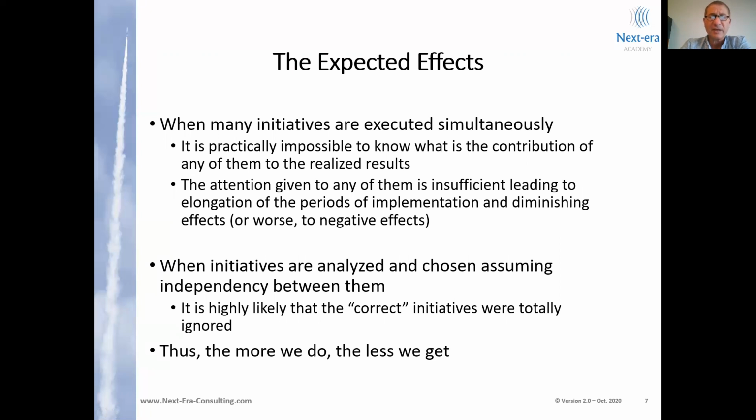If two initiatives are being executed at the same time, and after executing them the company got a result of plus 10, the plus 10 can be a result of two initiatives, each one contributing 5, or one contributing plus 8 and the other plus 2, or one contributing plus 20 and the other minus 10. In retrospect, had we known about the minus 10, maybe we would not have taken it.